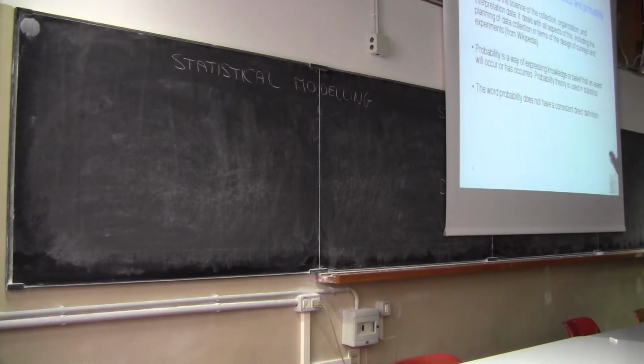And probability, in particular, is a way of expressing knowledge or belief that an event will occur or has occurred. Probability theory is used in statistics. So statistics is the science of investigating data, interpreting data. And in particular, probability is a way of expressing our belief that an event may occur or not. So it's nothing else.